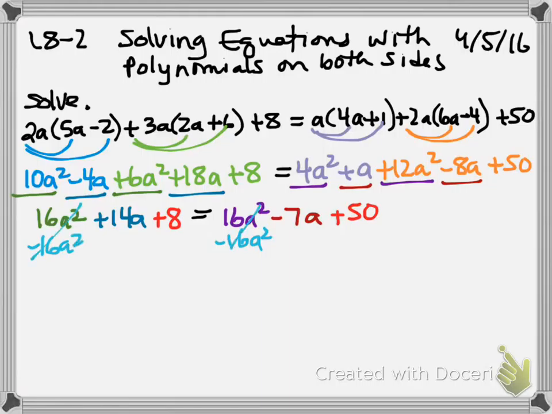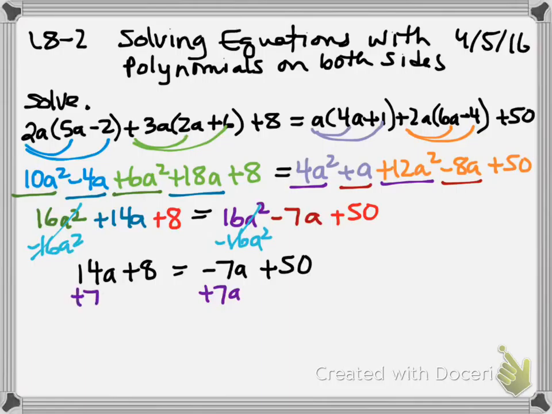So that's going to leave you with 14a plus 8 equals negative 7a plus 50. So notice now, when I'm taking things to opposite sides of the equal sign, that's when I do opposite operations. So now I want to get the a's together, so I'm going to add 7a to both sides. That gives me 21a plus 8 equals 50.